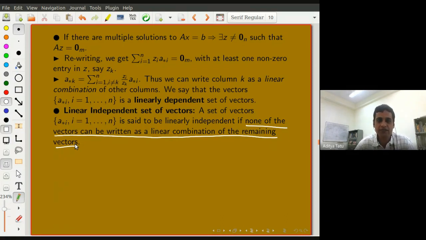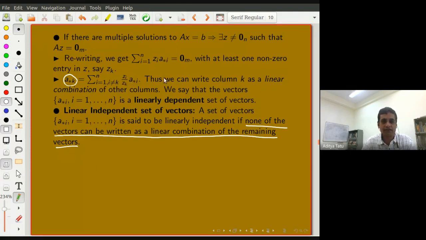I'll repeat the definition once more. A set of vectors a*i, i going from 1 to n, is said to be linearly independent if that set of vectors is not linearly dependent. Basically it means that none of these vectors a*i can be written as a linear combination of the remaining vectors. What I mean by remaining is that if I want to get a*k, I cannot use a*k on the right hand side.